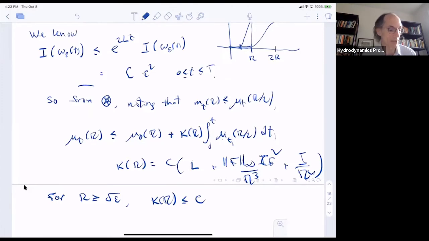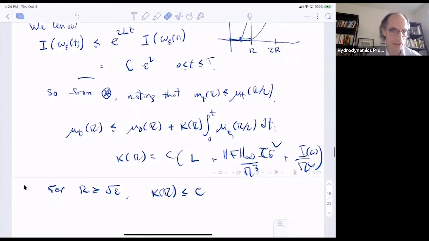We have epsilon squared over, and r cubed will be at most epsilon to the 3/2, r fourth is at most epsilon squared, and so this whole thing is bounded by some constant independent of epsilon, not the same constant as above. I'll just call it C because we don't need the details. That's one good thing that happens.